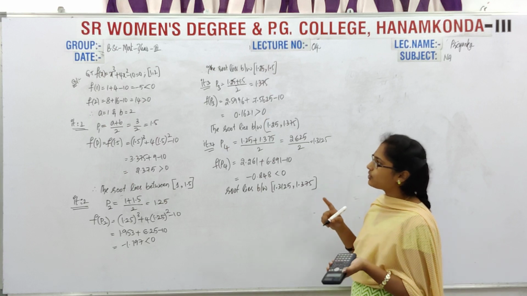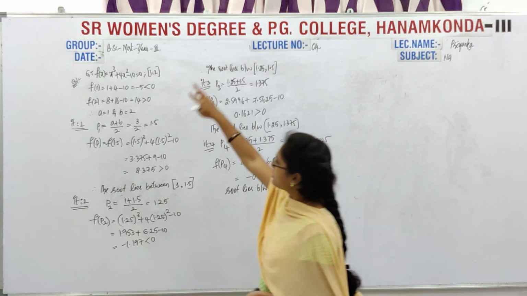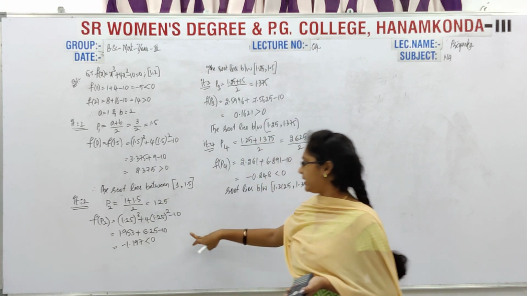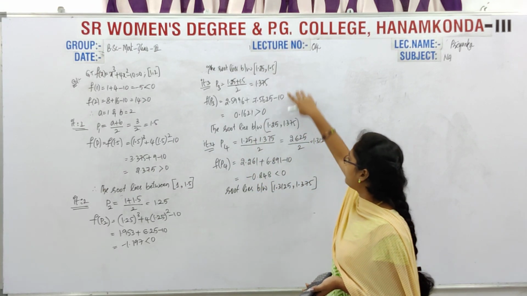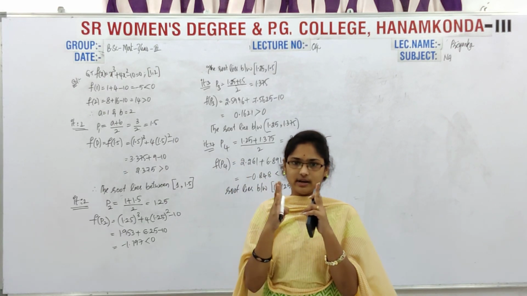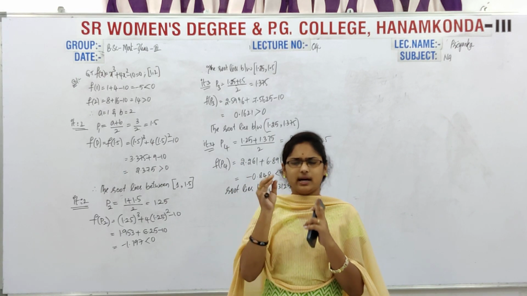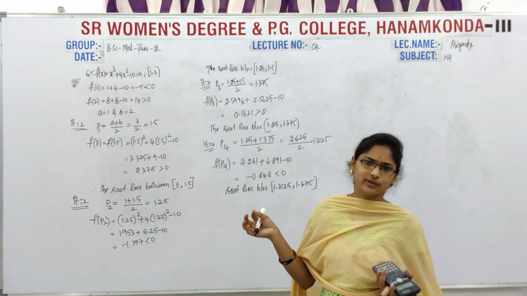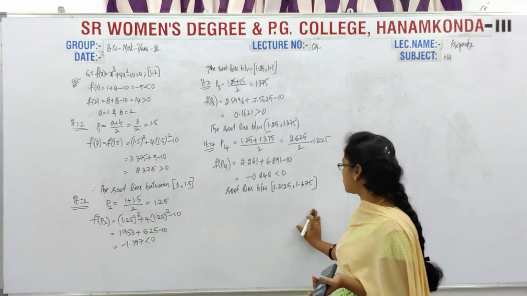Okay, see clearly what is happening here. Firstly the interval is 1 to 2, next 1 comma 1.5, next 1.25 comma 1.5. So it is like this we have. So after that it comes like this, and clearly and very nearly we are calculating the root for the given equation. Okay, so this is a new interval.